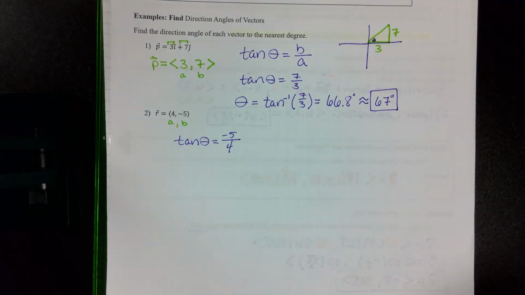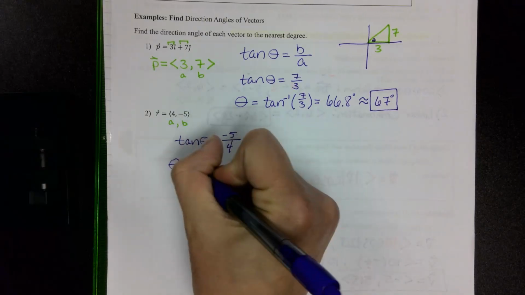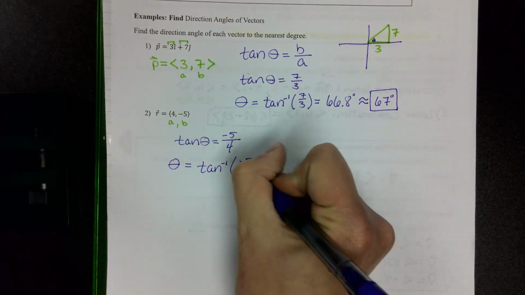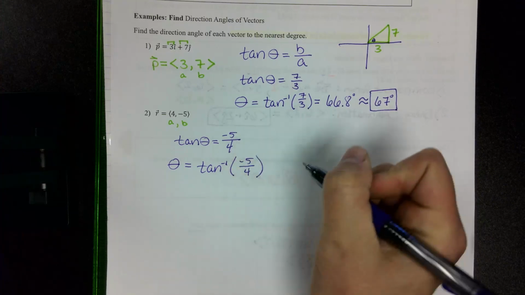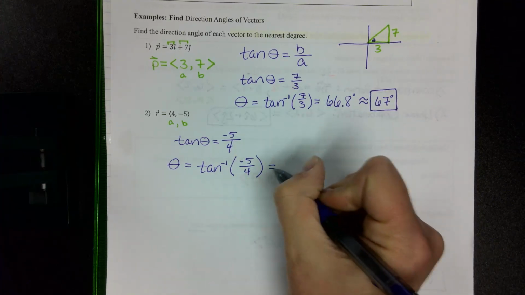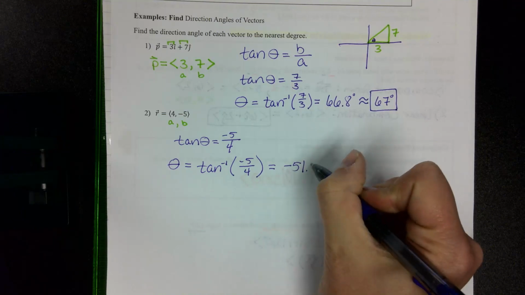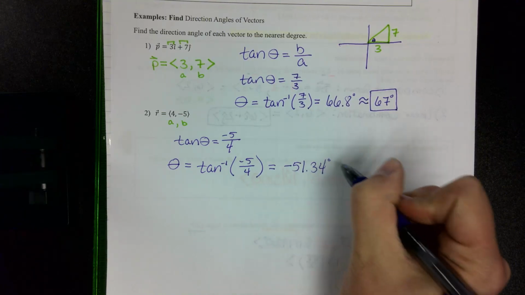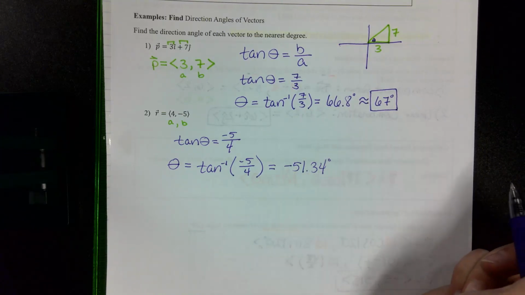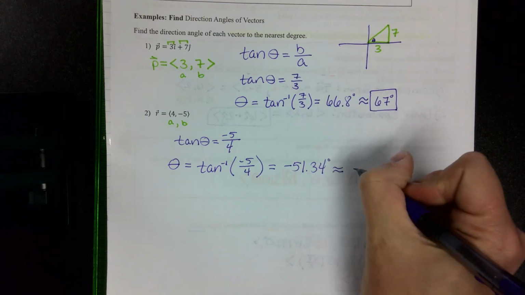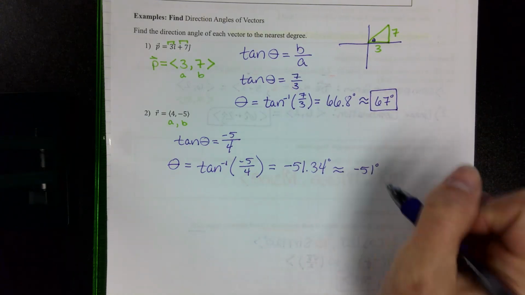Then the angle, theta, equals the inverse tangent of -5 over 4. It tells me it's negative 51.34 degrees. We're going to round that to the nearest degree. 3 tells the 1 to stay the same. So negative 51 degrees. That's my answer.